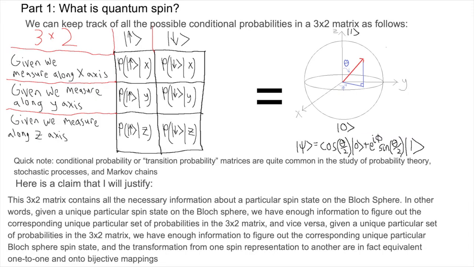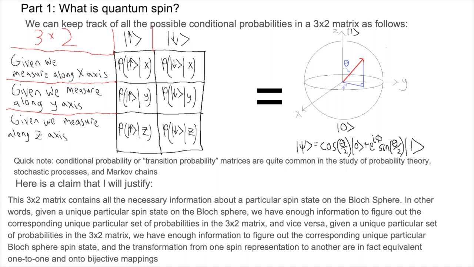We can keep track of all the possible conditional probabilities in a 3x2 matrix as follows. Quick note: conditional probability or transition probability matrices are quite common in the study of probability theory, stochastic processes, and Markov chains. Here's a claim that I will justify. This 3x2 matrix contains all the necessary information about a particular spin state on the Bloch sphere.